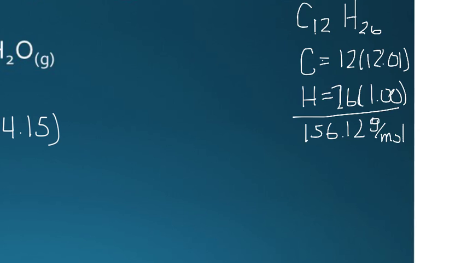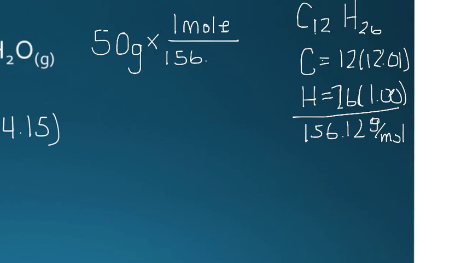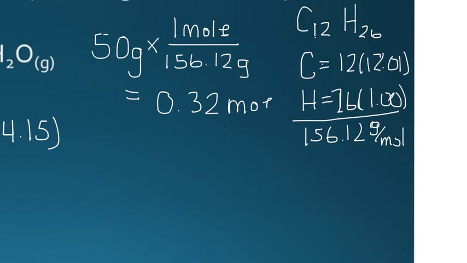And then I need to figure out my moles, so I'm going to take my 50 grams and multiply that by 1 mole for every 156.12 grams, and I get 0.32 moles.